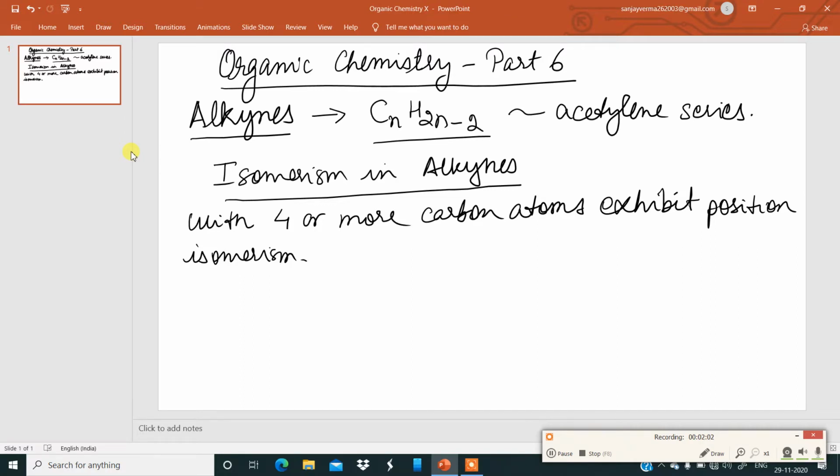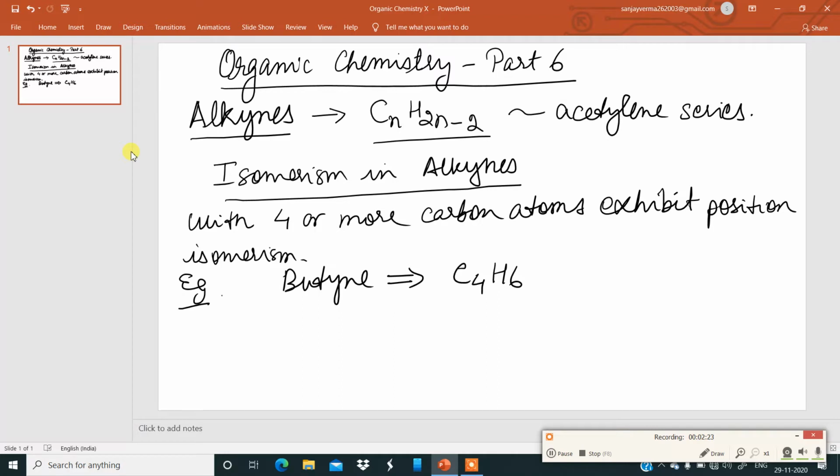Now let me explain this with the help of an example. One molecular formula I'll write down: that is the formula of butyne, C4H6.